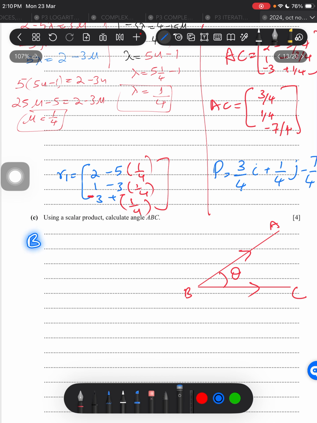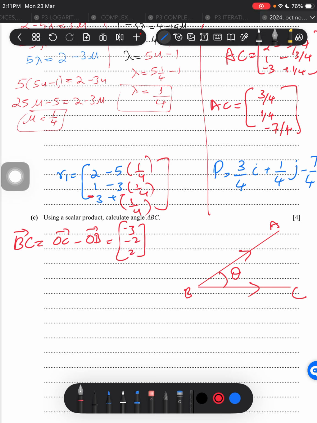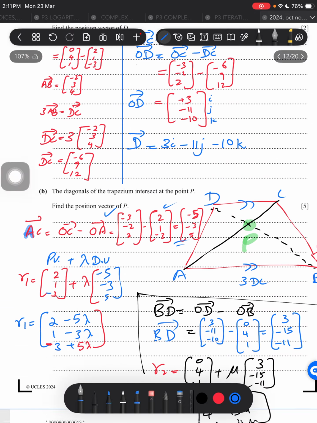So BC would be OC minus OB, and this would turn out to be -3, -2, 2, and the values are 0, 4, 1, and this would give us the answer -3, -6, and 1. So that is BC.